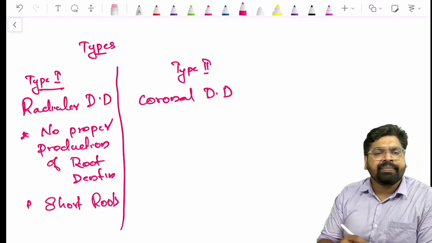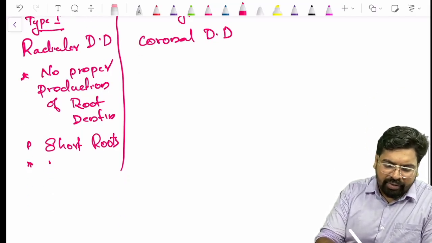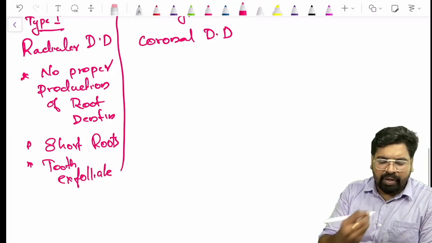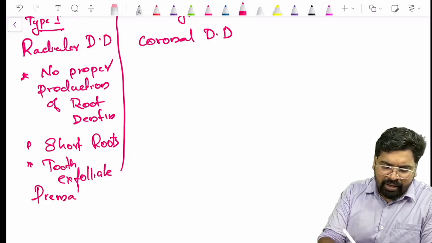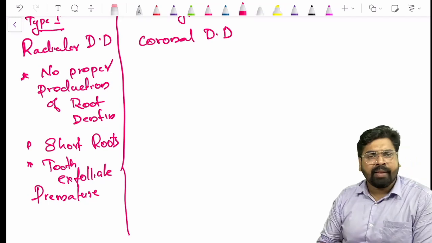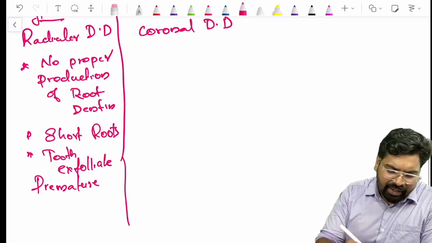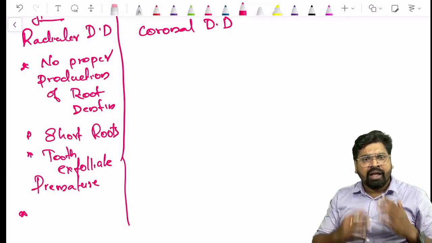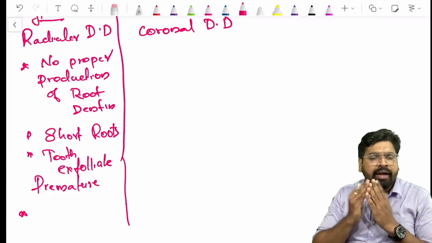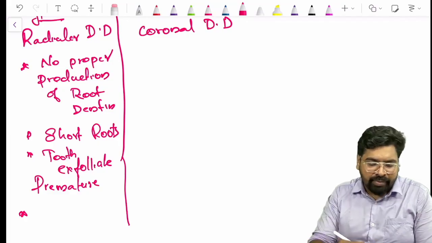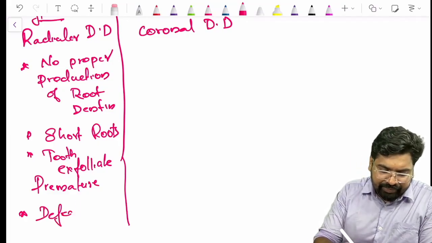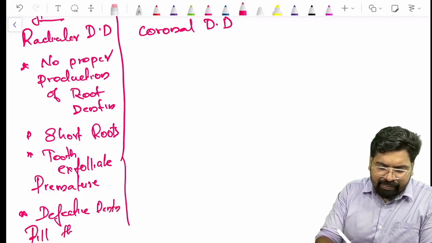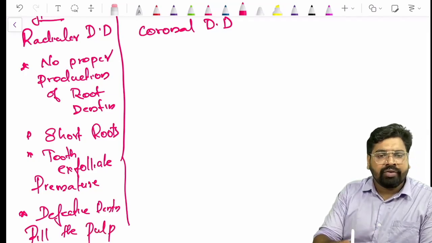Short roots are seen, and the tooth exfoliates, meaning we have premature exfoliation. Premature exfoliation will be the result, mobility will be the result. One other thing you can see is that the defective formation of dentin will fill up the pulp chamber and hence obliterate it.